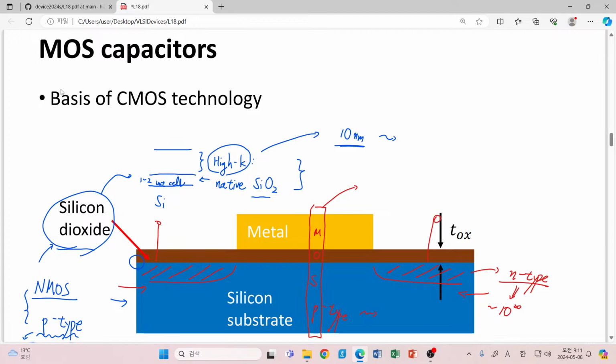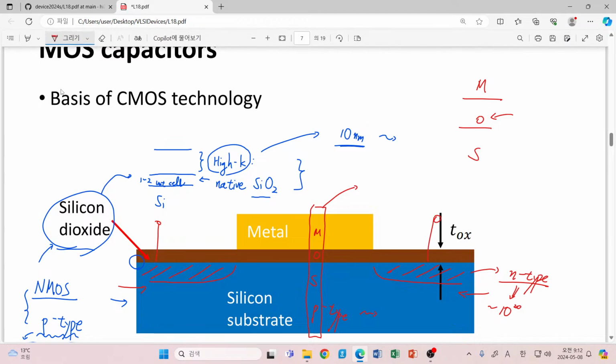First of all, we must understand this is just a capacitor. So here we have a MOS, and this oxide is regarded as an almost perfect insulator. So here we have an insulating layer, a very good insulator.